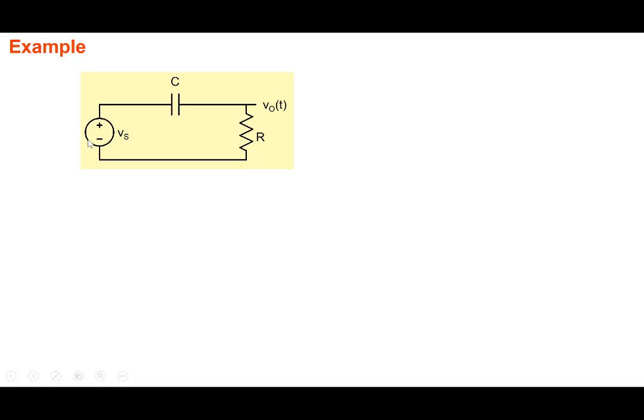Suppose we want to sketch the Bode plot of this particular circuit here. So we need to calculate the transfer function V0 by Vs here. This becomes 1 by j omega C, and it's easy. It's just like a voltage divider, so it's easy to write this out: 1 over (j omega CR plus 1).